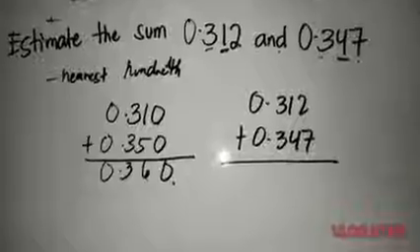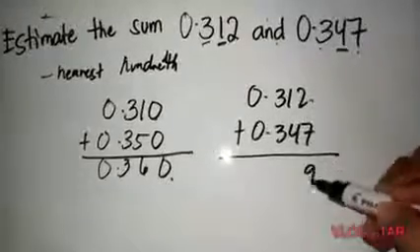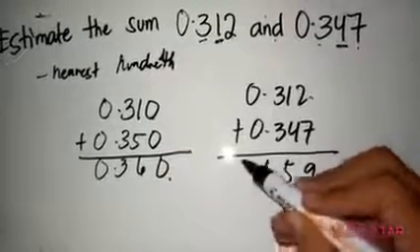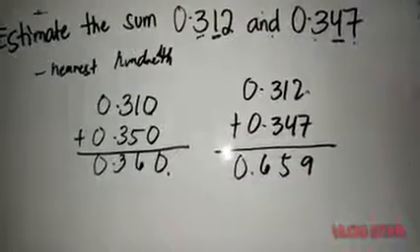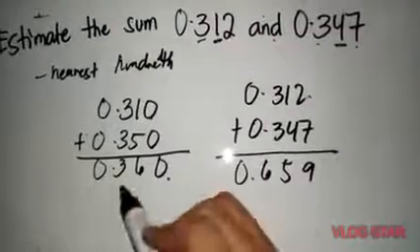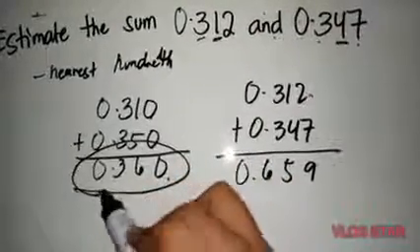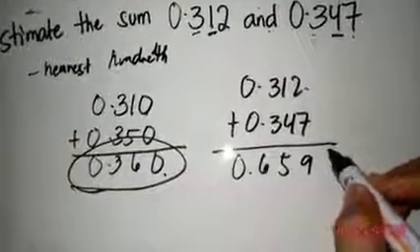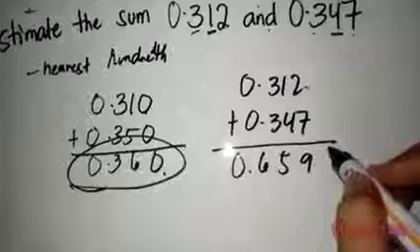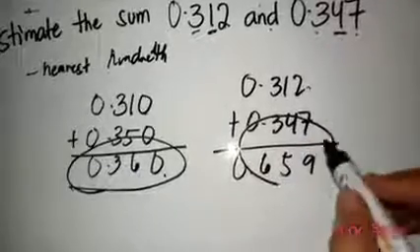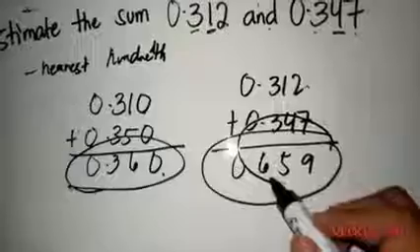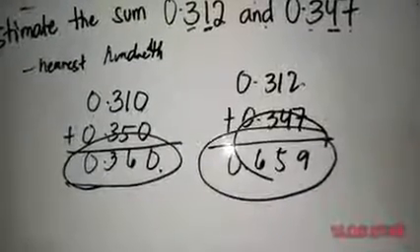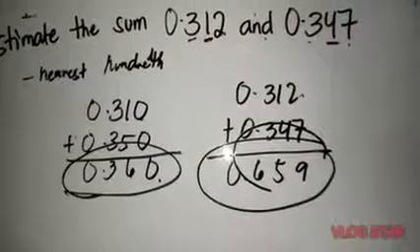Then if we get the actual sum, 2 plus 7 is 9, 1 plus 4 is 5, 3 plus 3 is 6, then 0. So as you can see, the estimate sum, which is 0.360, and the actual sum, which is 0.651, is close, or the estimate sum is close to the actual sum.